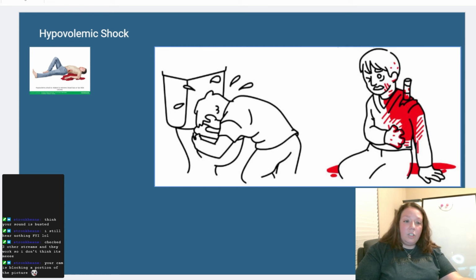So the treatment for that would be fluids because they have the blood, they just don't have the ability to move that blood anywhere because there's no fluid to help move that blood. Think of it that way. So for that patient, you would give fluids. They probably need to figure out why they keep vomiting too. That'd be a good idea.